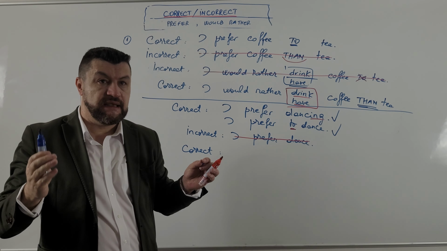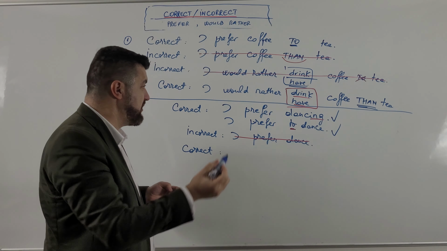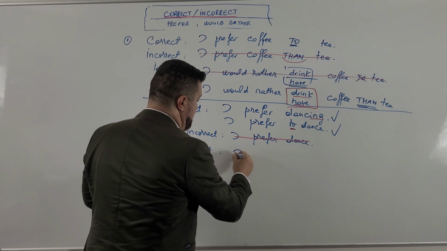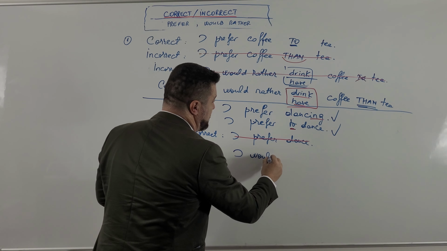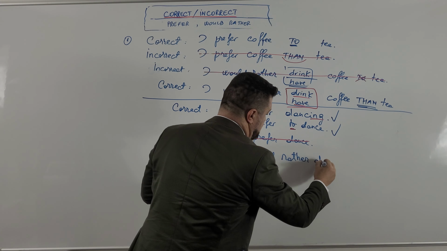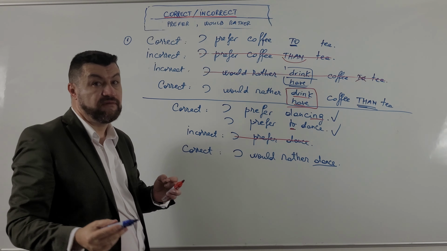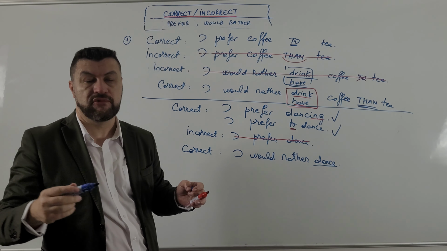If you get this idea very, very clear in your mind, then it's very easy. Because now I would say, for example, I would rather dance, as I know that I must use the verb without the particle to or without ing.